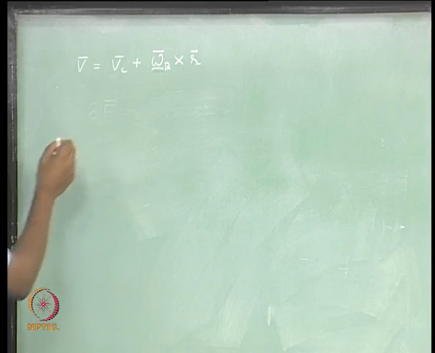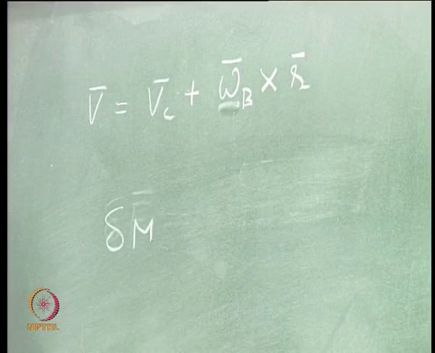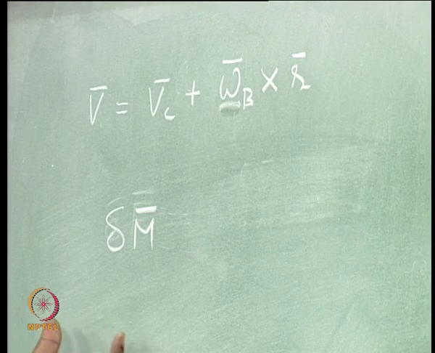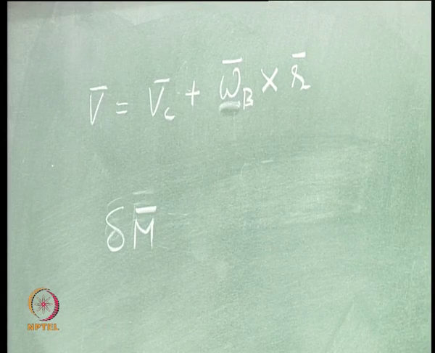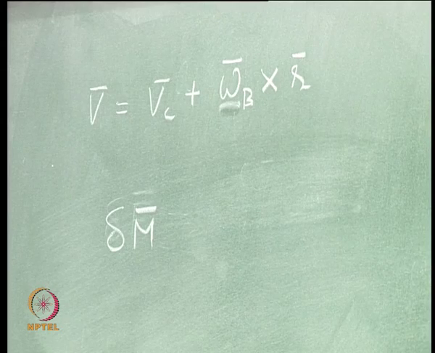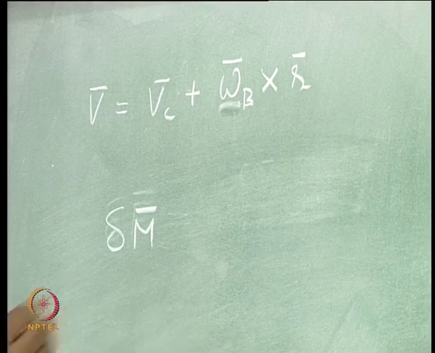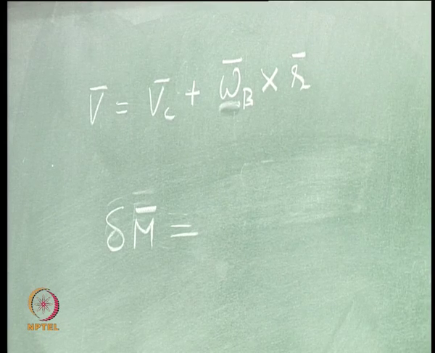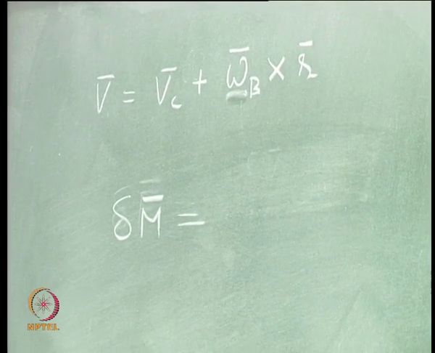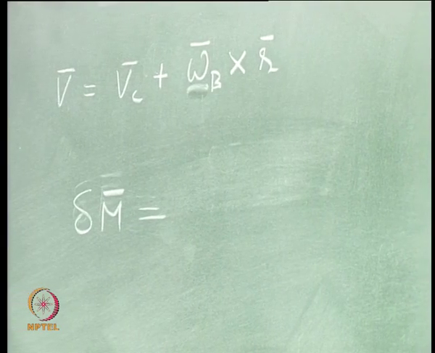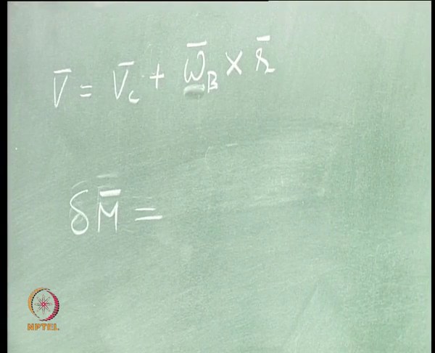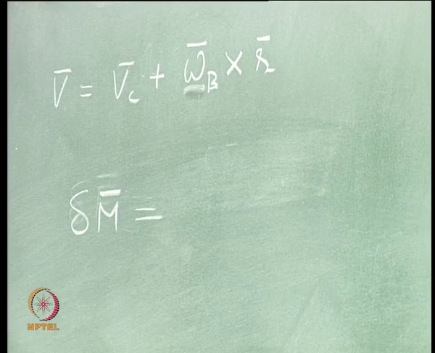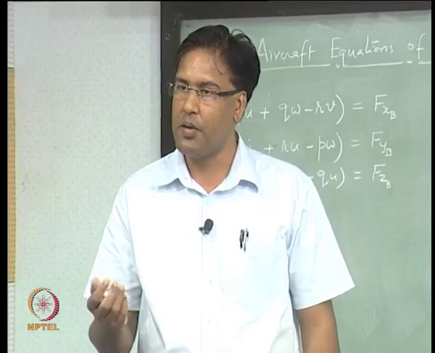So, the moment is the sum of all external moments acting on the elemental mass, and this is going to be equal to, how do you write moment? Like force is the rate of change of linear momentum, moment is rate of change of angular momentum, right.